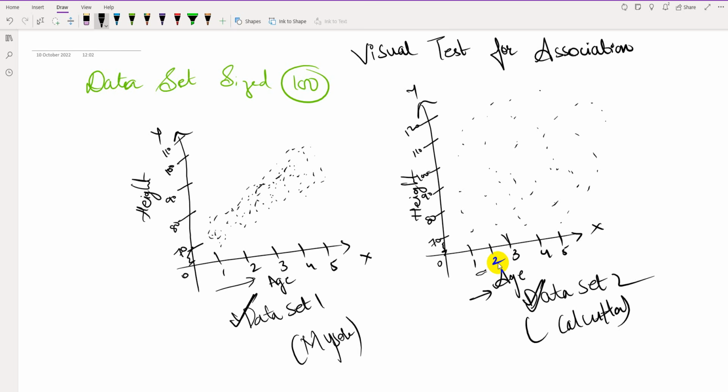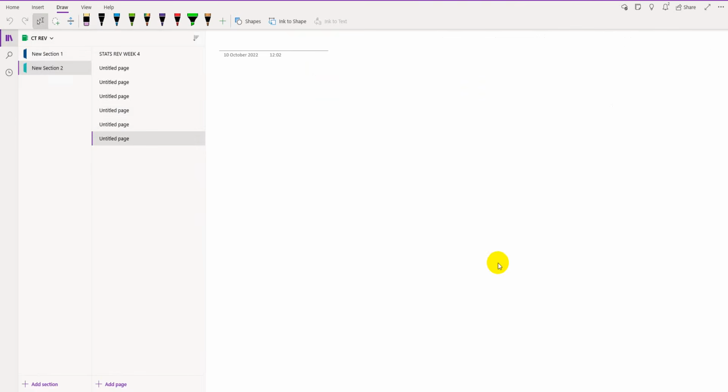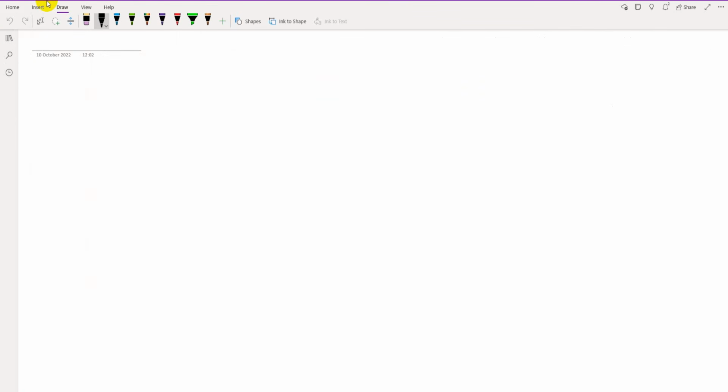Now, how do we describe these associations? We can describe these associations with 4 parameters.